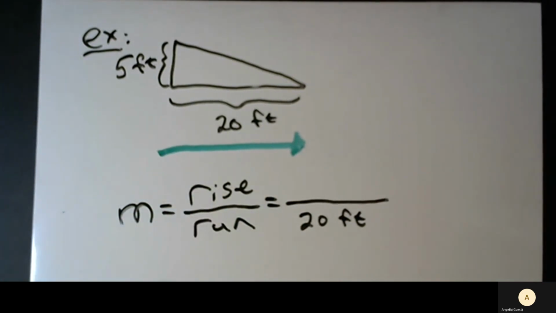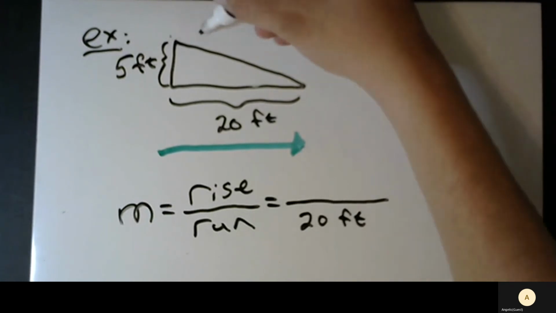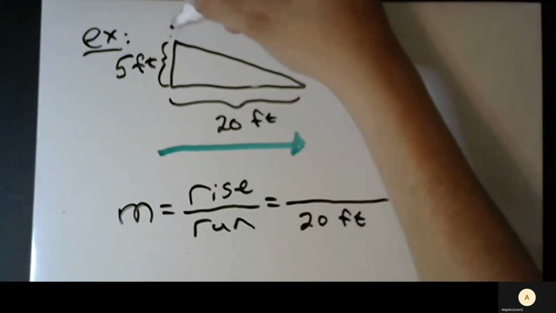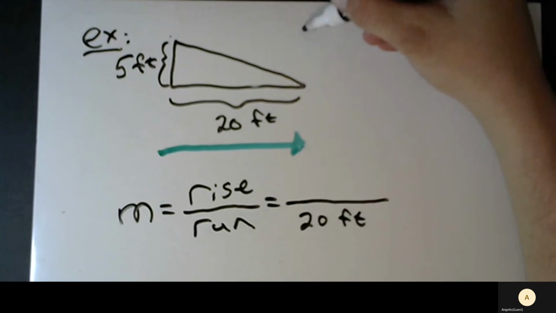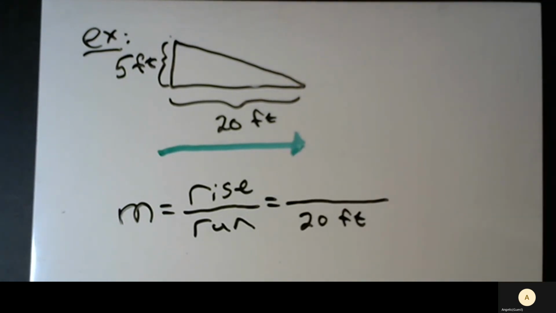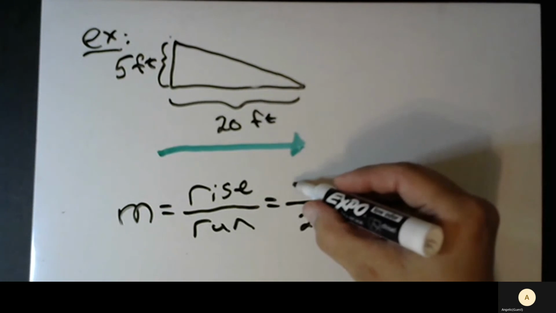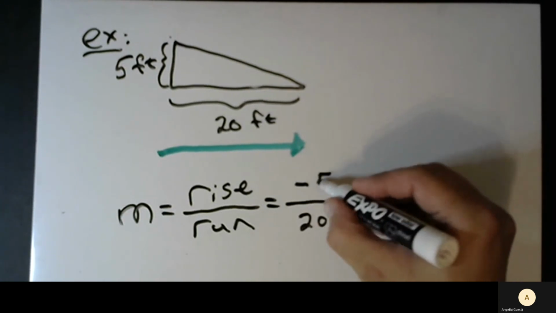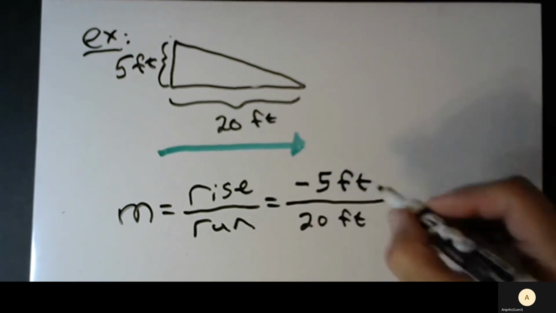And here's the reason why. As we go left to right, we're going to travel 20 feet horizontally, but we're going to drop down 5 feet vertically. So as we go left to right, we drop. So that's going to be negative.